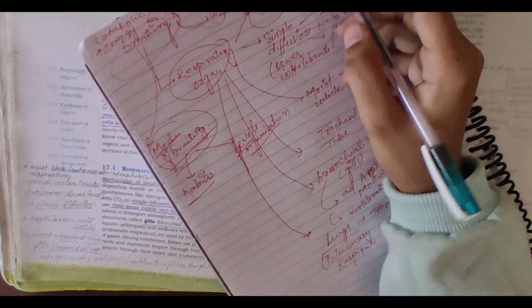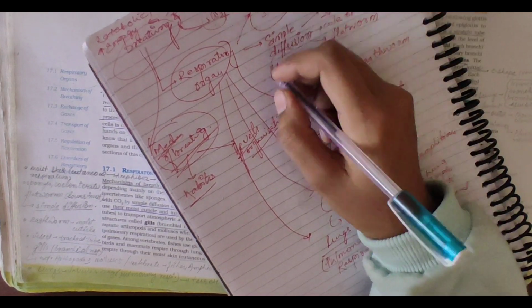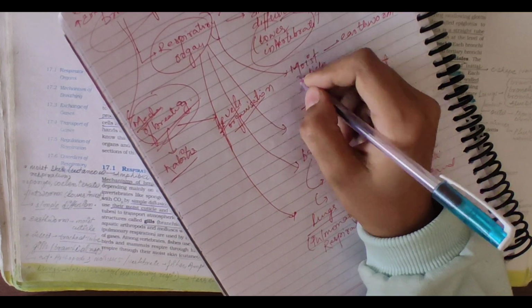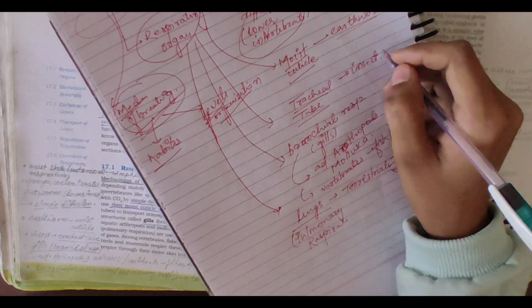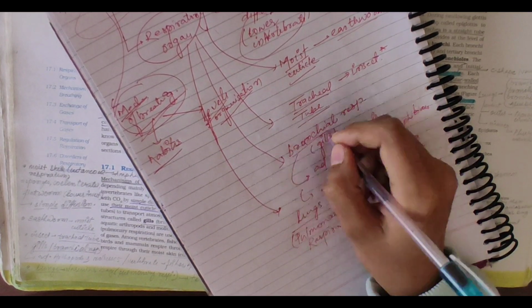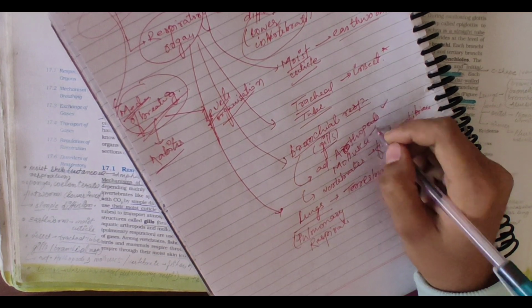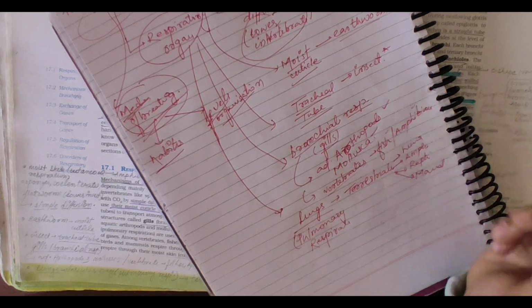Now we have simple diffusion, which is seen in sponges, coelenterates, flatworms. These are the lower invertebrates. And moist cuticle is seen in earthworm, and tracheal tube is seen in insects, and branchial respiration, which is gills, seen in arthropods and mollusca, and vertebrates like fishes and amphibians.